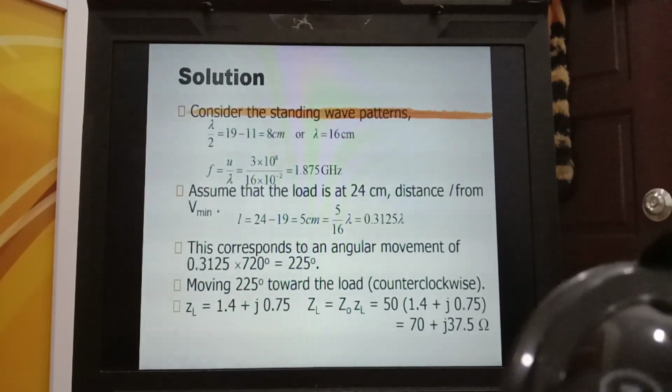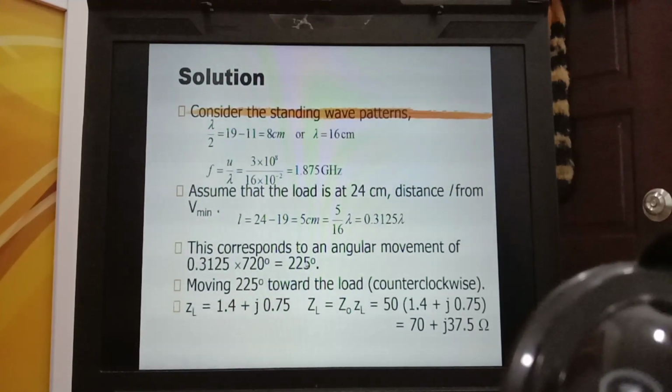0.3125 lambda corresponds to 225 degrees. That is the angle, if we use the formula 2 beta z, that will give us 225 degrees.